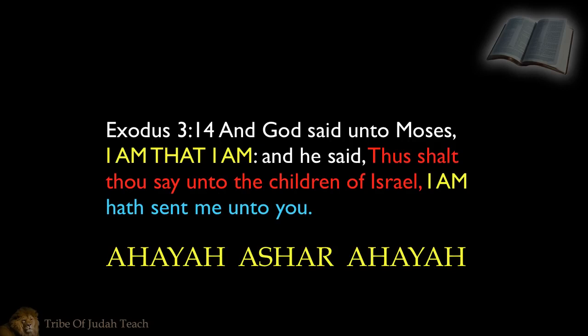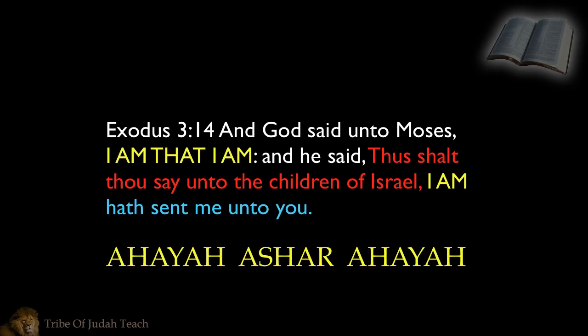Yes, but that's not his name. He's just saying, you can't describe me with words. I am that I am. I'm beyond explanation. He's telling Moses that there is no combination of words that fully explains who he is. He just is. He exists.